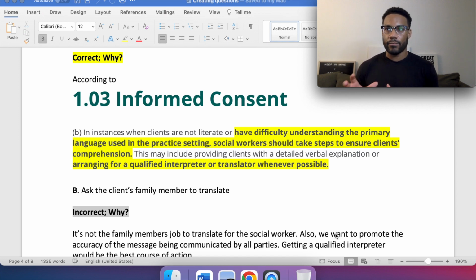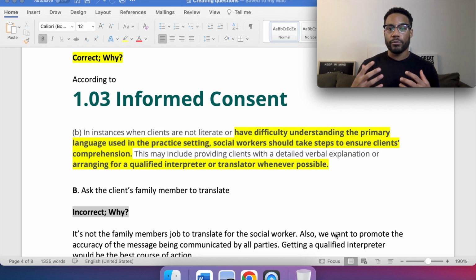If that client with the cognitive impairment has their own social worker, let's say, we're not just going to have them come into treatment and participate in treatment, because again, they can't really give informed consent, which is the client giving themselves permission to participate in services, if they haven't been informed properly and accurately by the social worker, for whatever reason, whether the client is under the influence, not in the right state of mind, or there's a cognitive impairment, they're not truly understanding what's being said and explained to them.